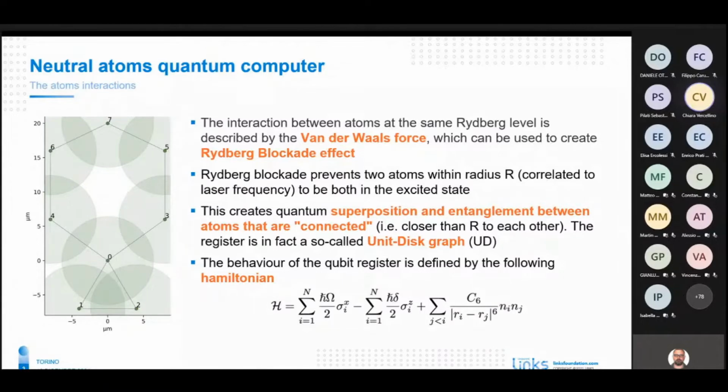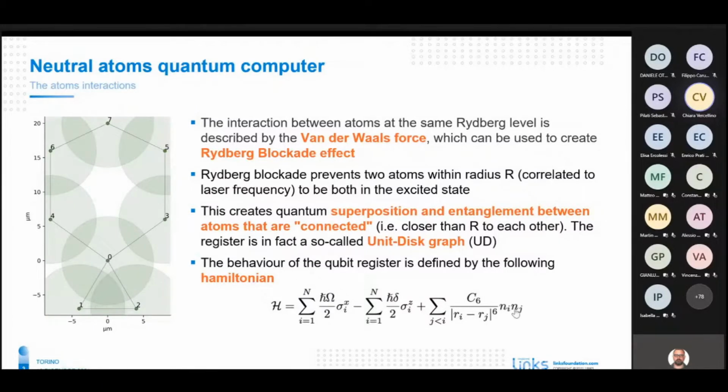This overall effect leads to superposition and entanglement between atoms, thus providing a unit disk graph. In particular, the conflicts between atoms are obtained by looking at which atoms fall within the Rydberg radius, and thus cannot be in the same Rydberg state at the same moment.